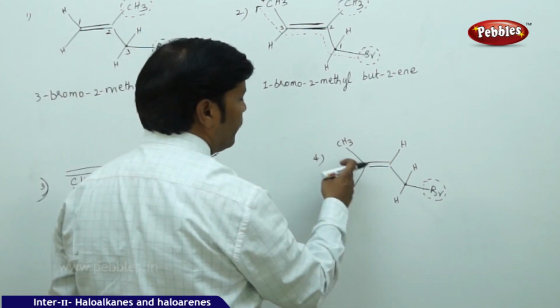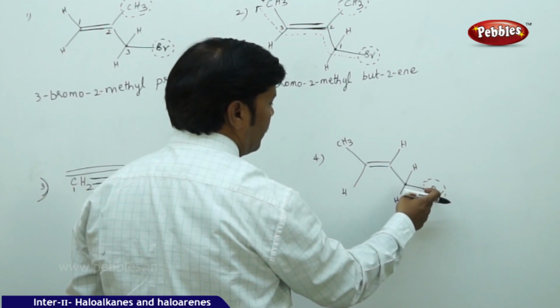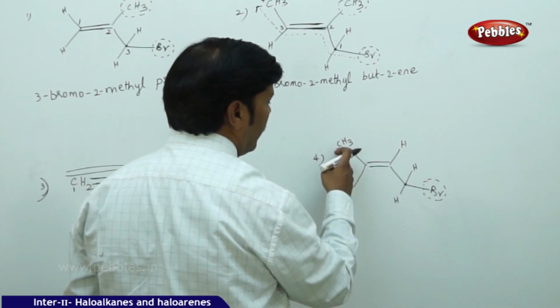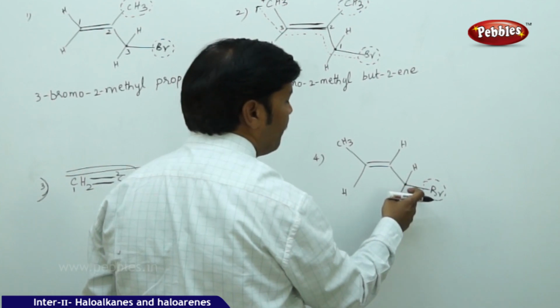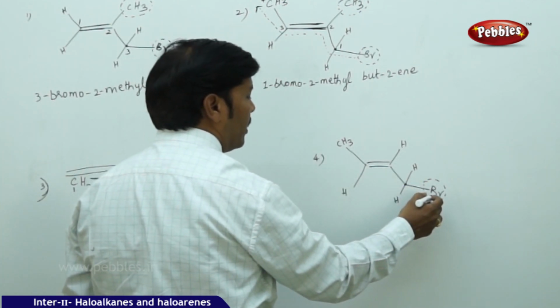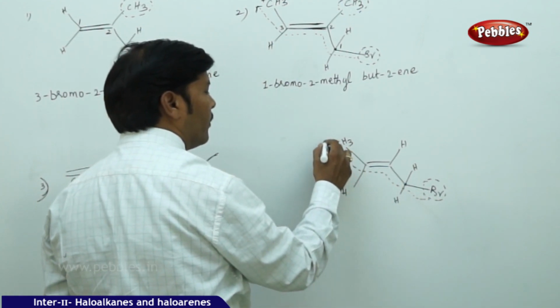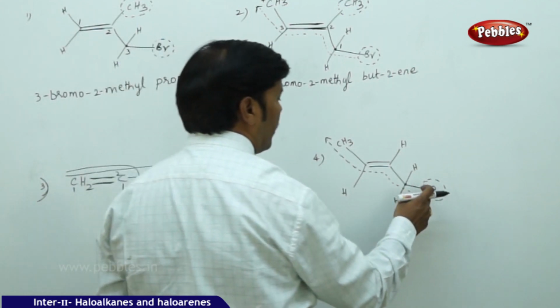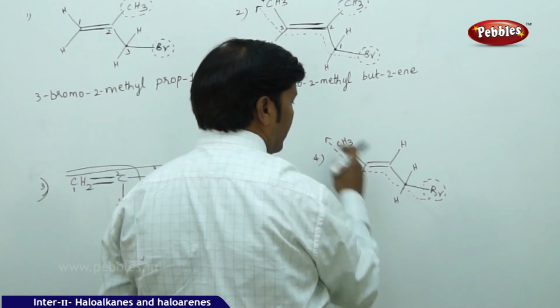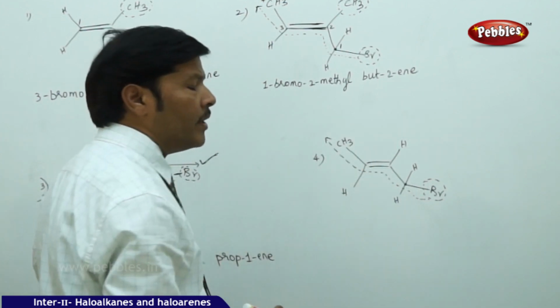But if you go from left to right, the substituent position will be 4th position. If you go from right to left, you include the substituent in the lowest position, and the position of the double bond also remains unchanged.